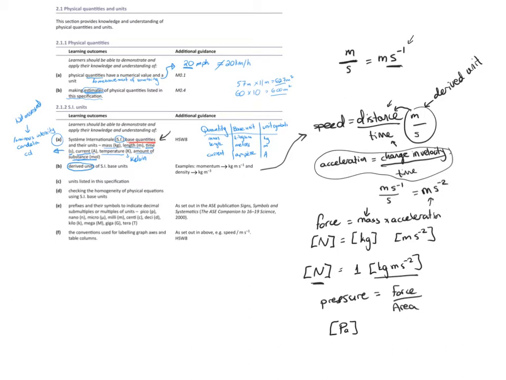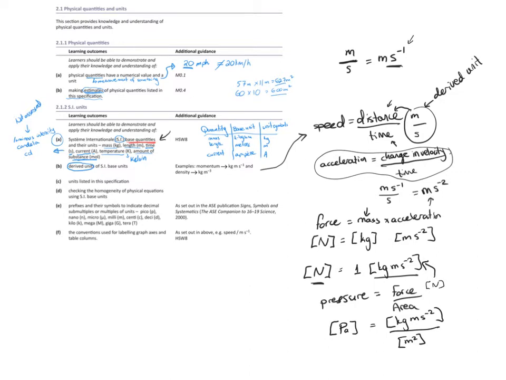We know that force is in newtons, and I already showed how to get newtons in its base units. Well, it's a derived unit still, but composed of the base units. So it's kilograms meters per second squared divided by the area, which is meters squared.